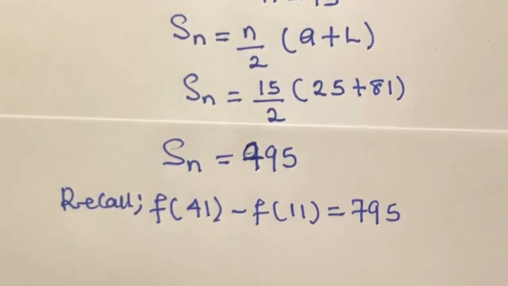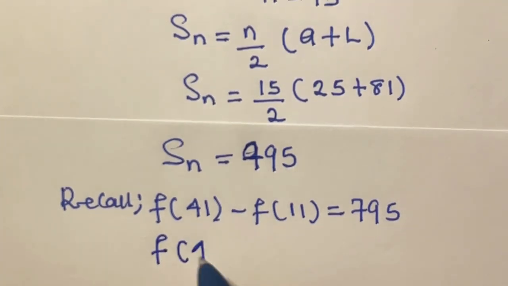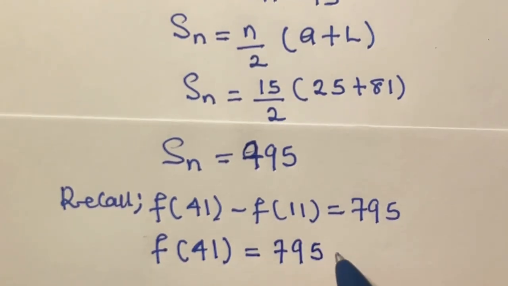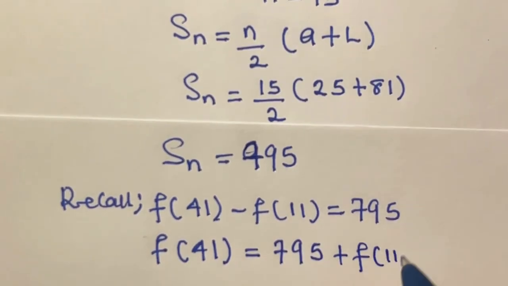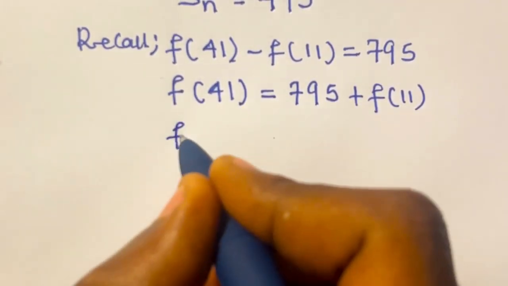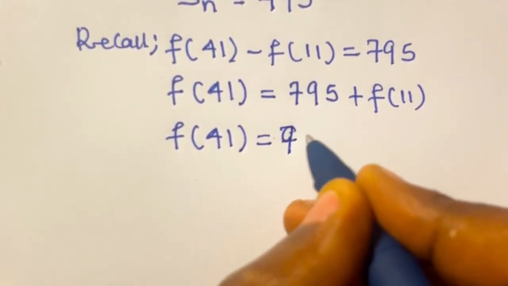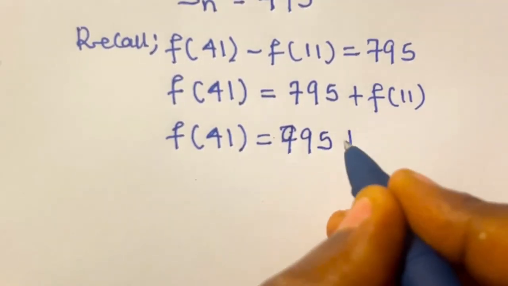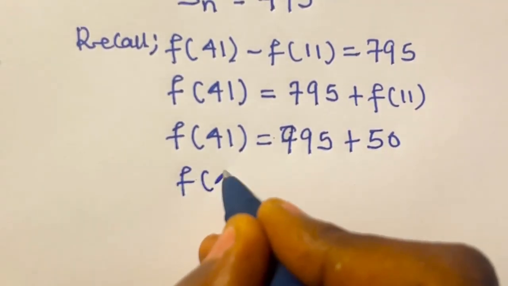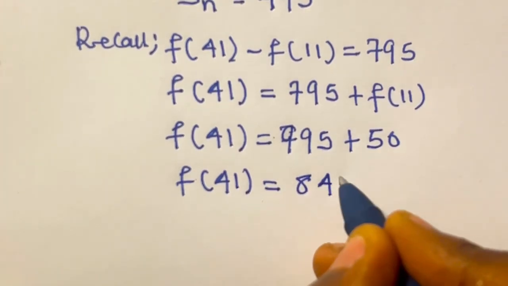So now we have our f of 41 to be equals 795 plus f of 11. All right. So then we'll have f of 41 to be equals 795 plus, remember our f of 11 is 50. So if we add everything together, we have our f of 41 to be equals 845.